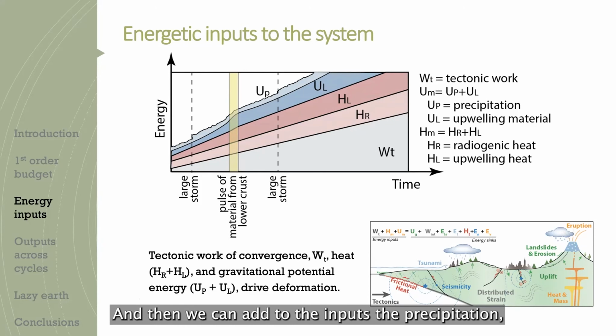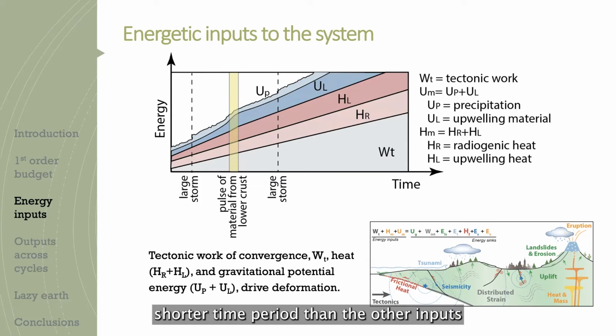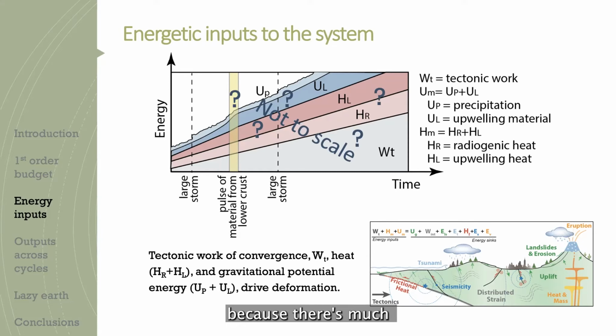And then we can add to the inputs the precipitation, which varies over much shorter time periods than the other inputs and includes large punctuated storms. I've added a lot of question marks here because there's much we don't know about these inputs and have yet to constrain.